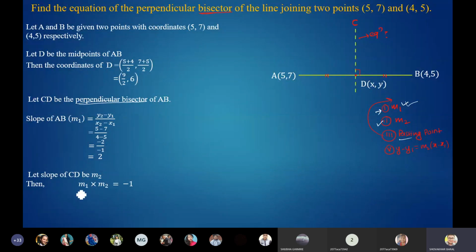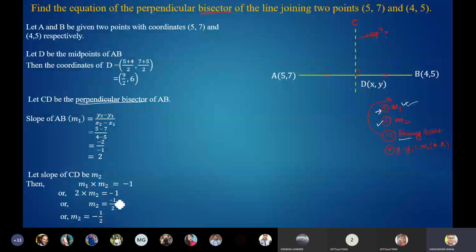We can directly write M1 times M2 equals minus 1. The main goal is to find M2. M1 is 2, so 2 times M2 equals minus 1, because we have got M1 here already. M2 equals minus 1 by 2.